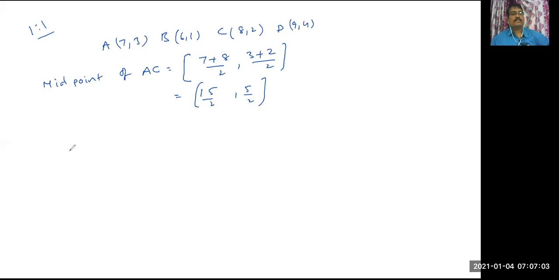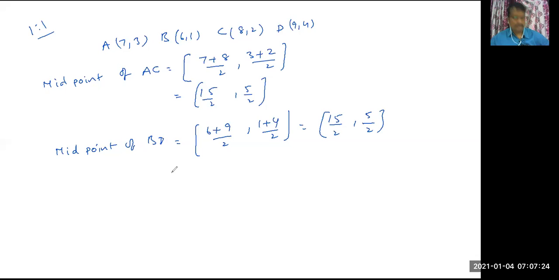Next, the midpoint of BD is 6 plus 9 by 2, 1 plus 4 by 2. 6 plus 9 is 15 by 2, and 5 by 2.